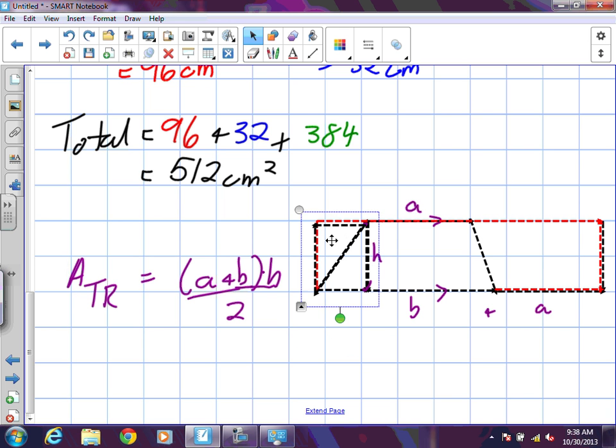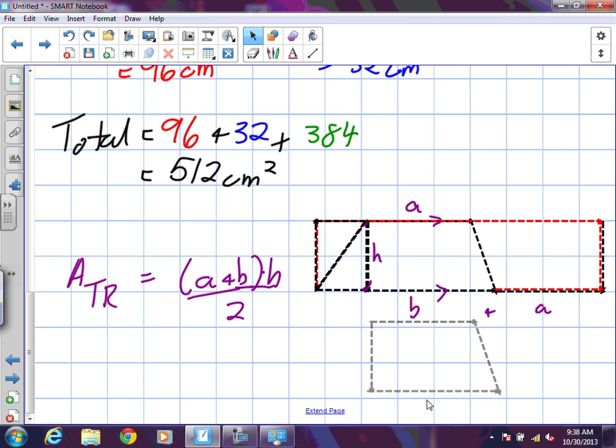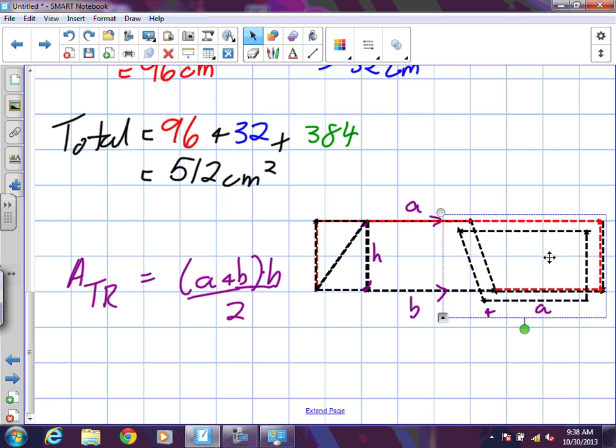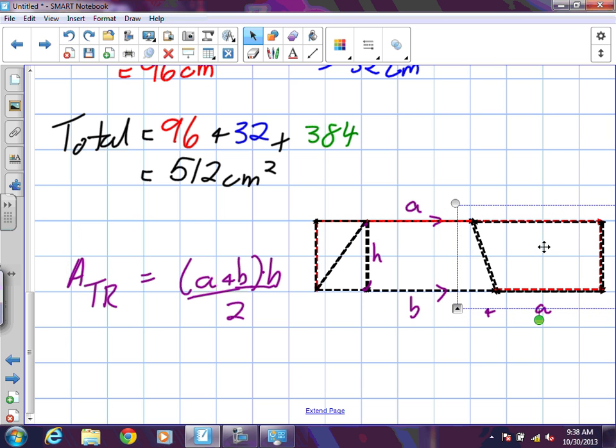And the rest of this trapezoid here fills out our missing space. So the reason we divide by 2 is that when we multiply A plus B times our height, we're finding the area of double this trapezoid. That's why we have to divide it by 2. Very similar to triangles, where we also had to divide by 2.